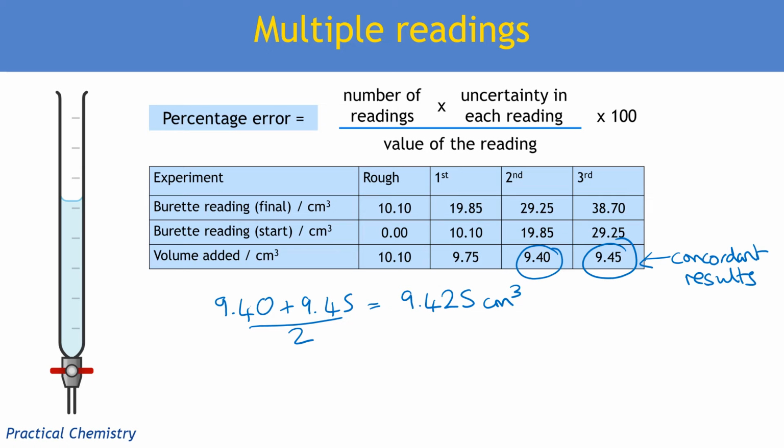With a burette, remember that we said that each reading, the uncertainty value, because of how we can read the burette, was plus or minus 0.05 centimetre cubed, because the scale goes up in 0.1 and we can read halfway between the lines. But I'm using a burette twice. We can see that really obviously from the table.